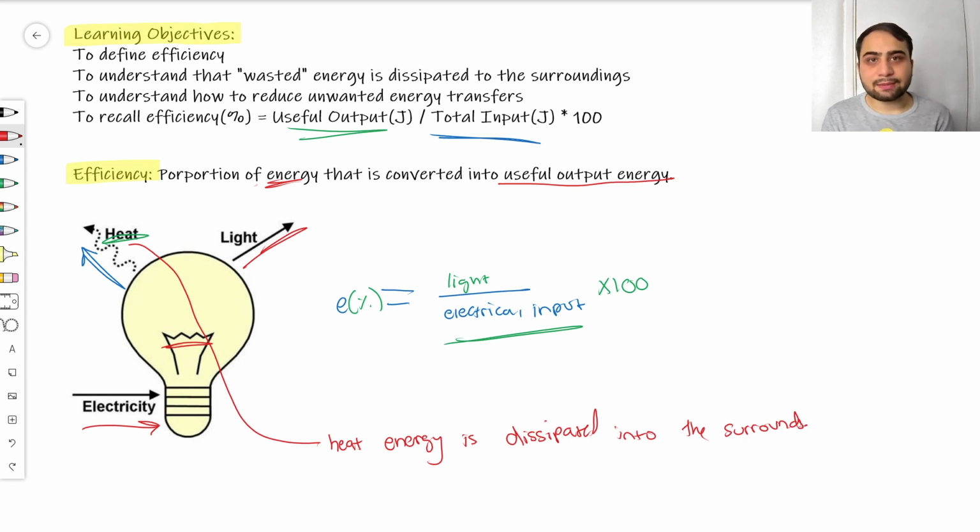Okay, so anytime you have a question asking what happens to the wasted energy, you have to write dissipated into the surroundings. A lot of people just say, "Oh, it's wasted or it disappears." Completely wrong. You have to say it's dissipated in the surroundings.